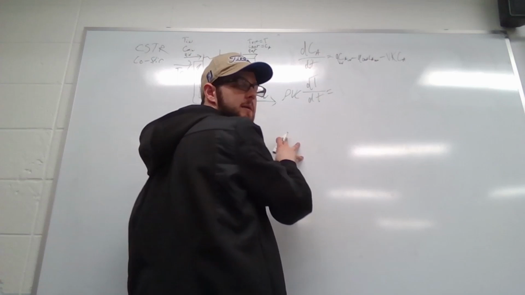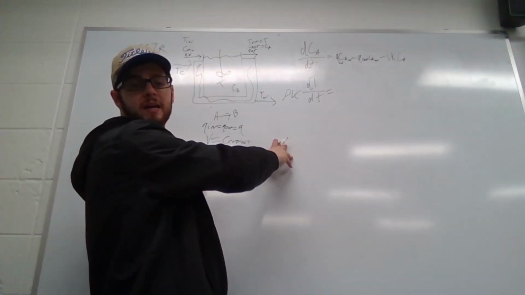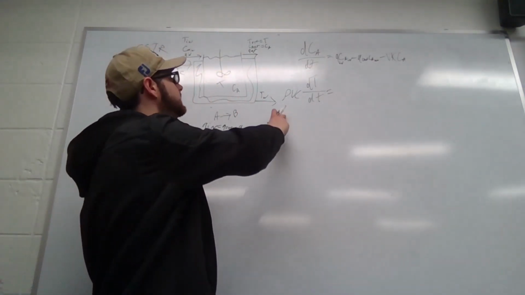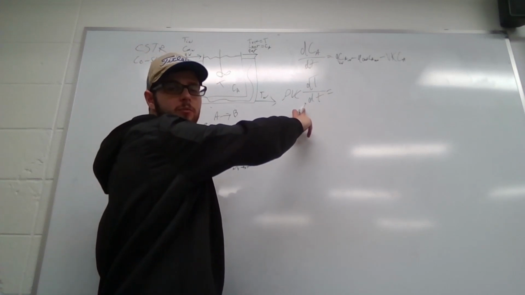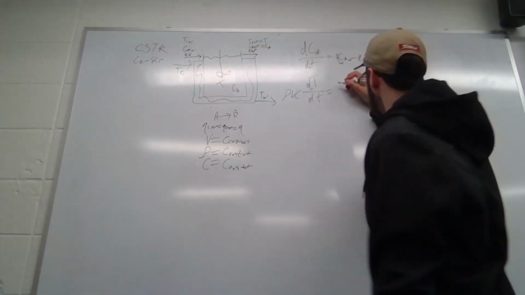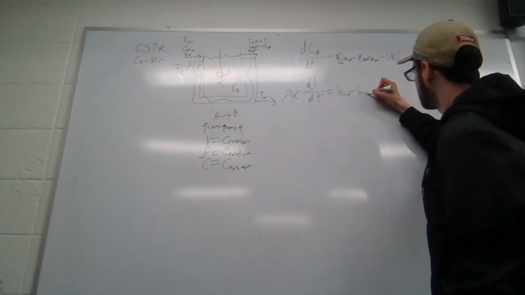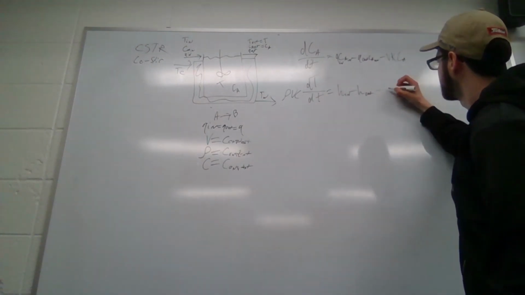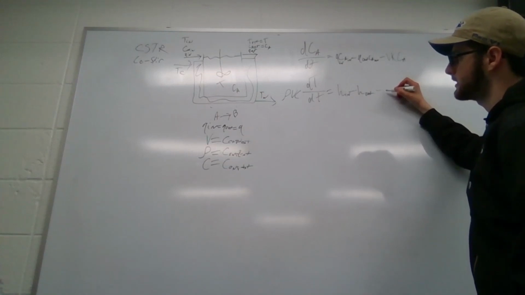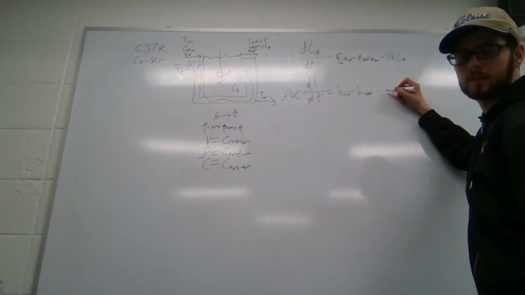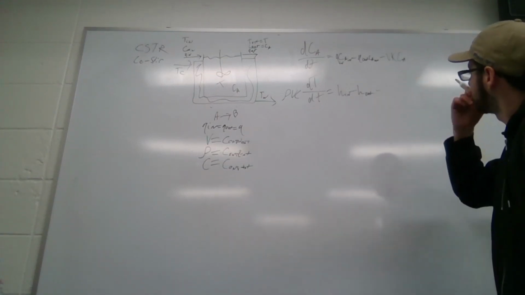So the density times volume times heat capacity, times the change in temperature, is equal to enthalpy in minus enthalpy out minus, in this case, the cooling jacket to account for.